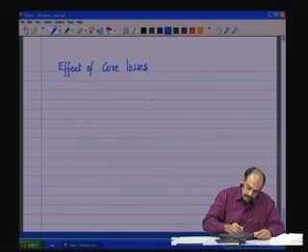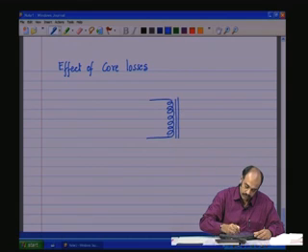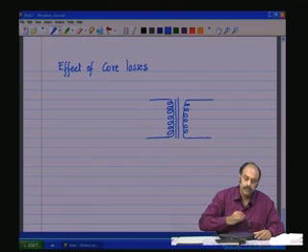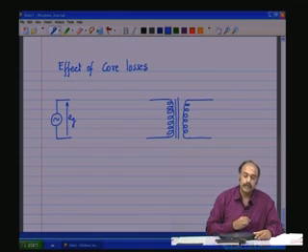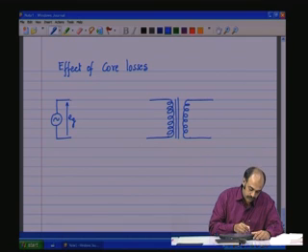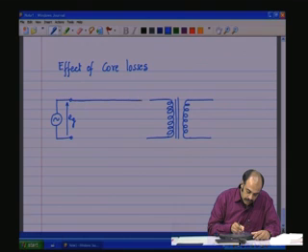Now, the ideal transformer is shown in this manner. There is a core and then the secondary winding. Now, there is a source on the primary side, an AC source, and that is called EG. This source is connected to the ideal transformer.